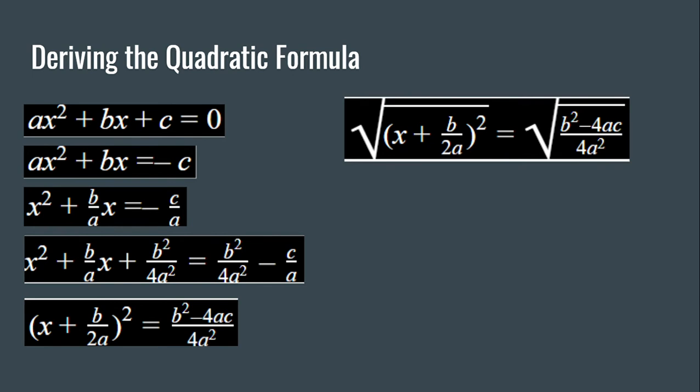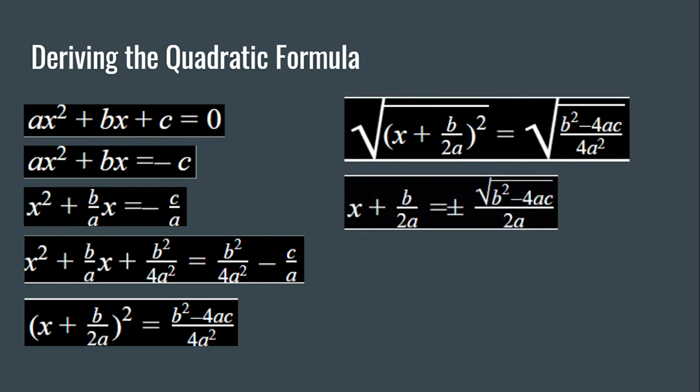Okay, and on the right side of the equation, nothing in there is going to be able to simplify except for what's in the denominator. And it's important to note that if you're working in an equation and you're taking the square root of something, you're going to have two answers. One's going to be positive, one's going to be negative. So this will simplify to look like this.